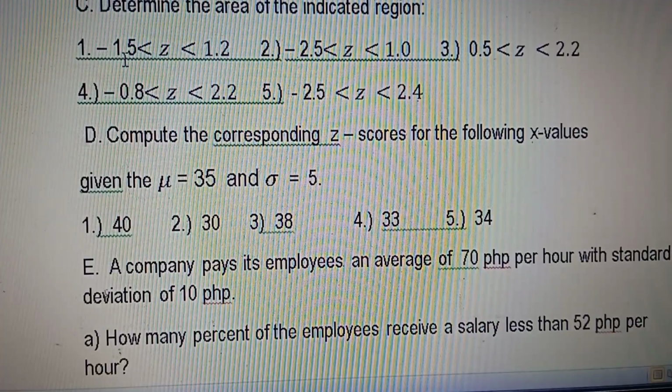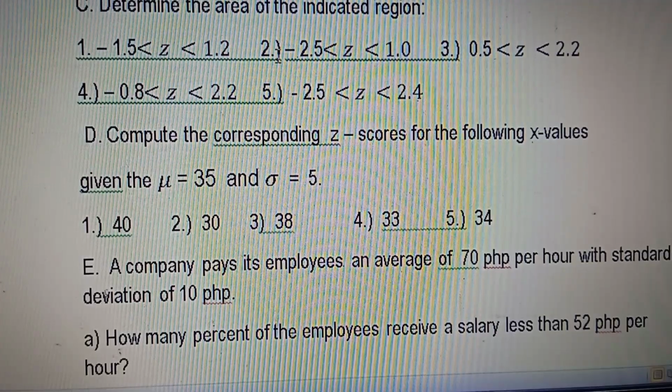Also, determine the area of the indicated region. So, the area where Z is greater than negative 1.5 and less than 1.2. That means the area between negative 1.5 and Z equals 1.2.